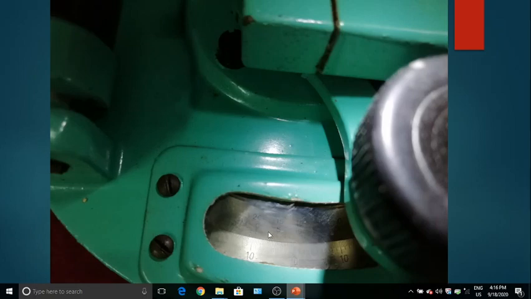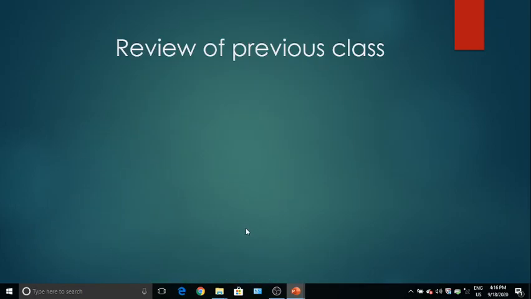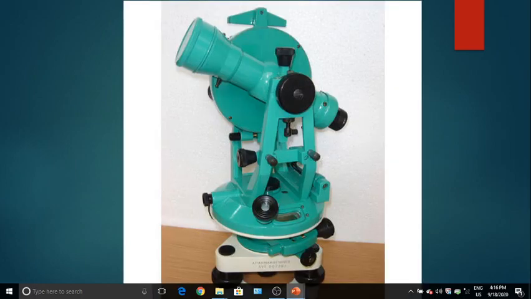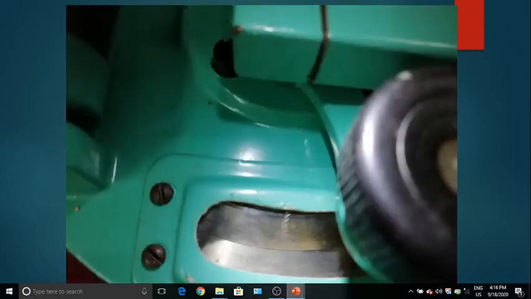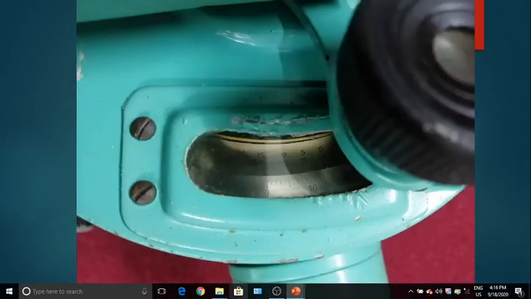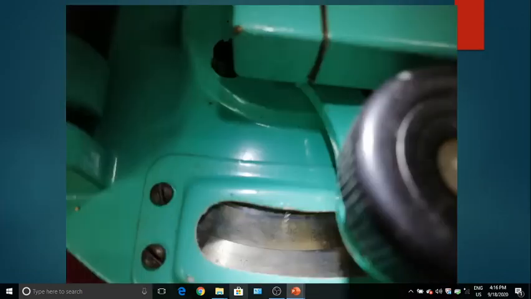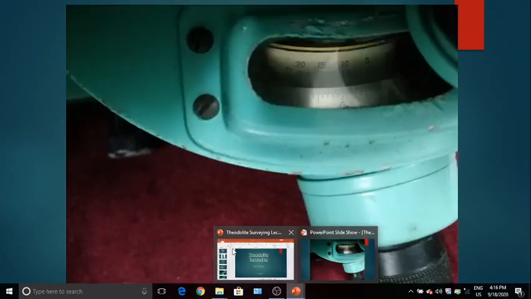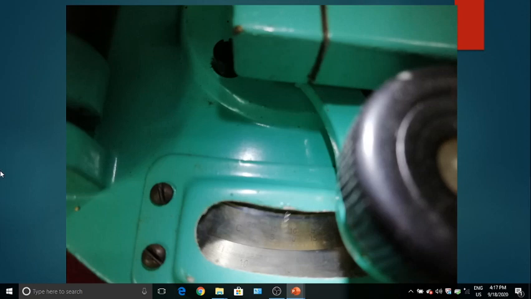Yeah, this is a vernier C, and in this vernier C, you can see vernier readings from 0 to 20 downward, and at the same time 0 to 20 in the opposite direction at the top.